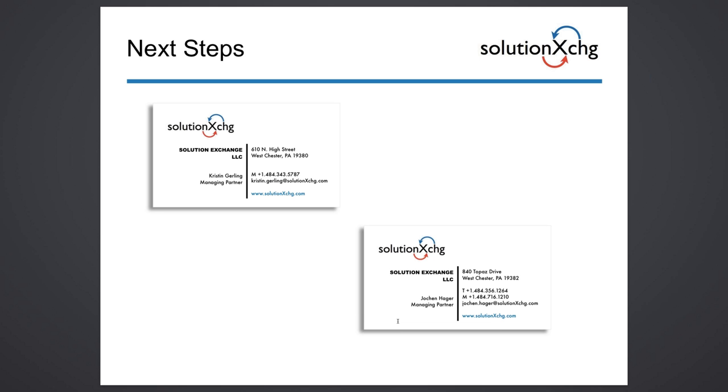Jochen, are there any limitations of archive vendors that can be migrated with this tool? No, there is really no limitation as long as these vendors have products that are completely SAP ArchiveLink compliant.